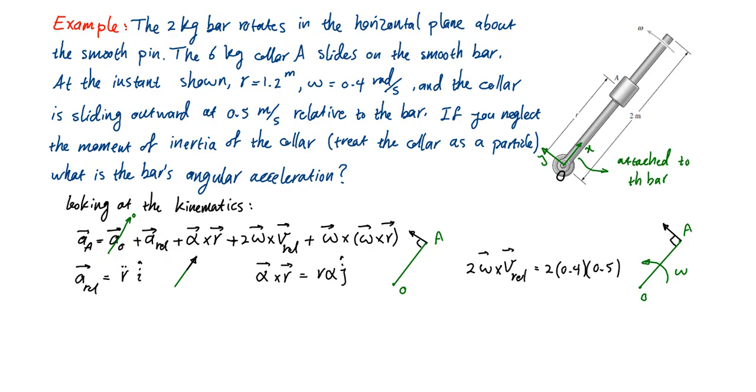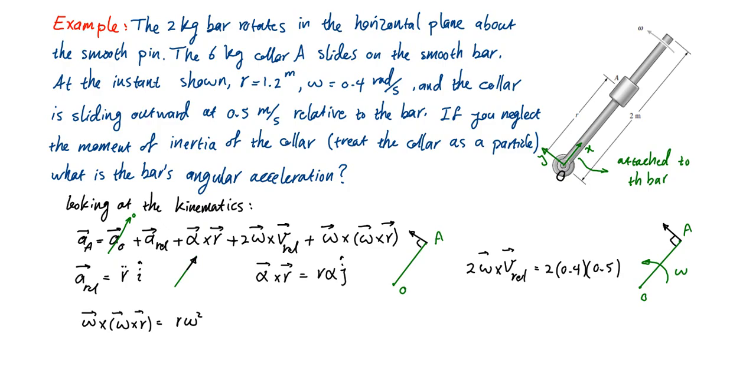Last term is omega cross omega cross r. This gives, well, the magnitude would be r omega squared. The direction, let's see.